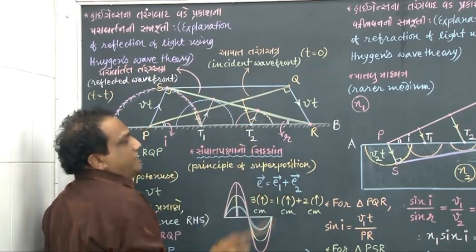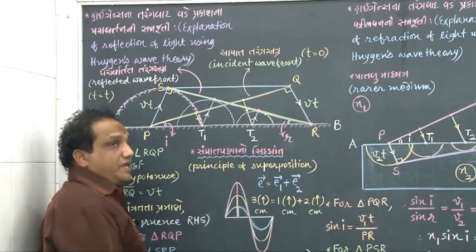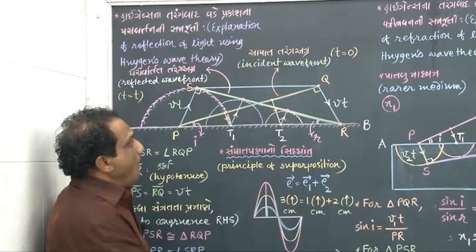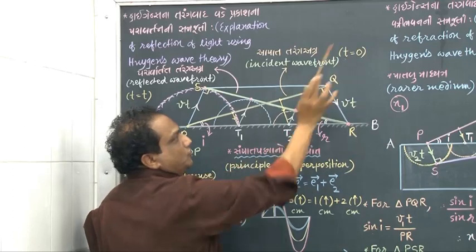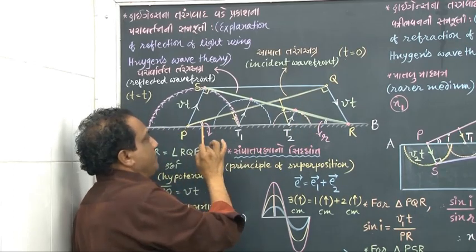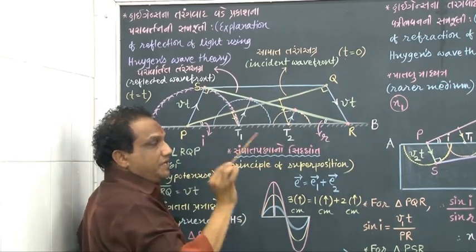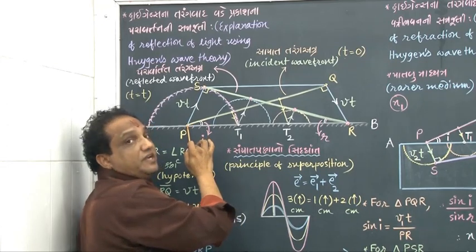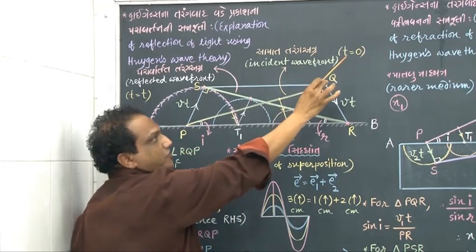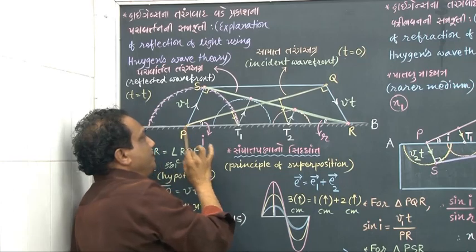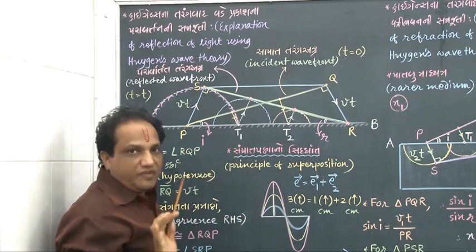It is made incident on this reflecting face AB such that at time t equal to 0, point P on this wavefront simply touches this reflecting face.